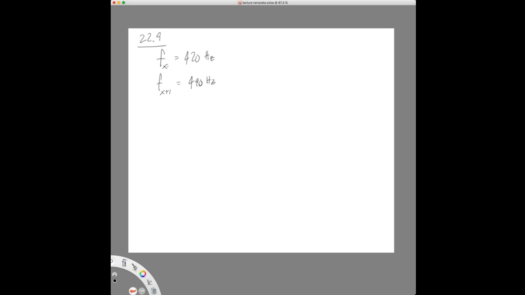So if this is the 10th frequency, this one would have to be the 11th. If this is the 5th frequency, this would have to be the 6th. Or else there would be something in between them. And we want to know what is the fundamental frequency. So we want to find F1.